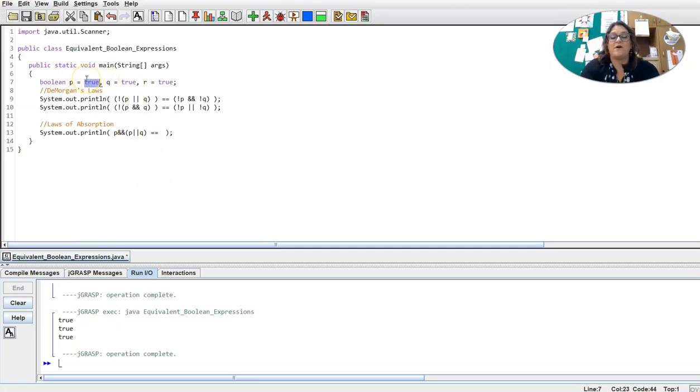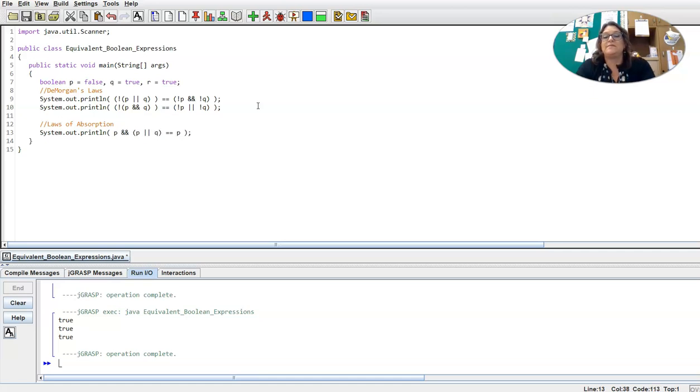If P was false, okay, then we have false and that's going to short circuit and return false. So again, it matches the value of the P. So the law of absorption, right, says that we're going to absorb all this other stuff, and the answer is just what we started with, right? The P that's in the front.